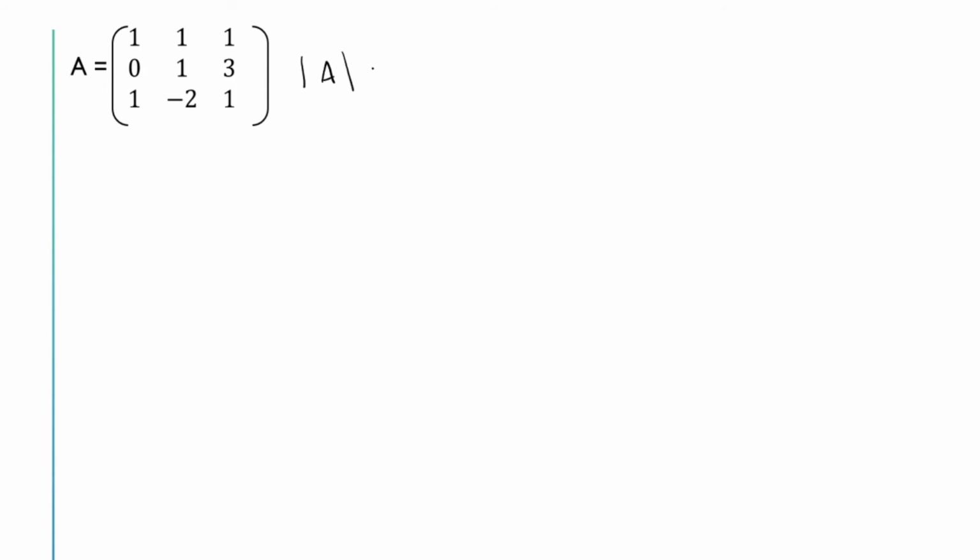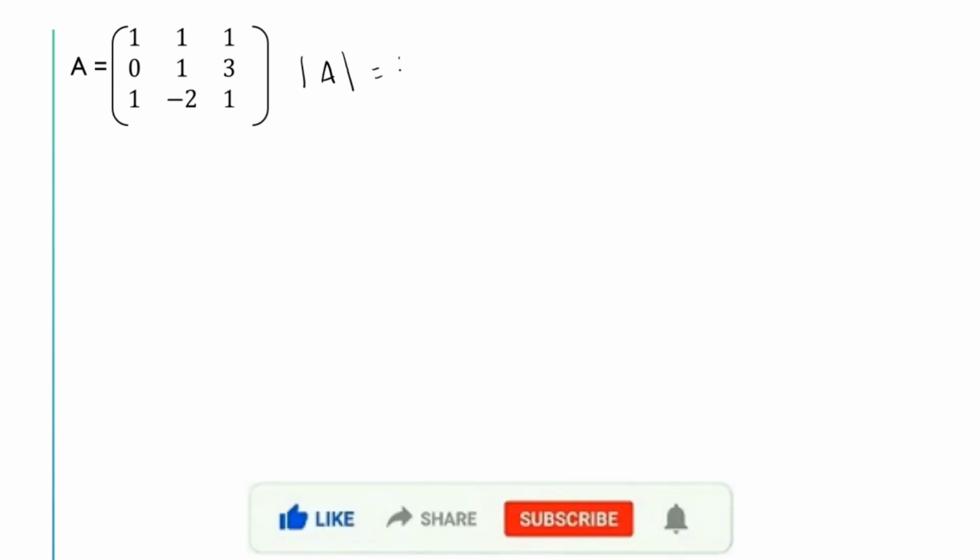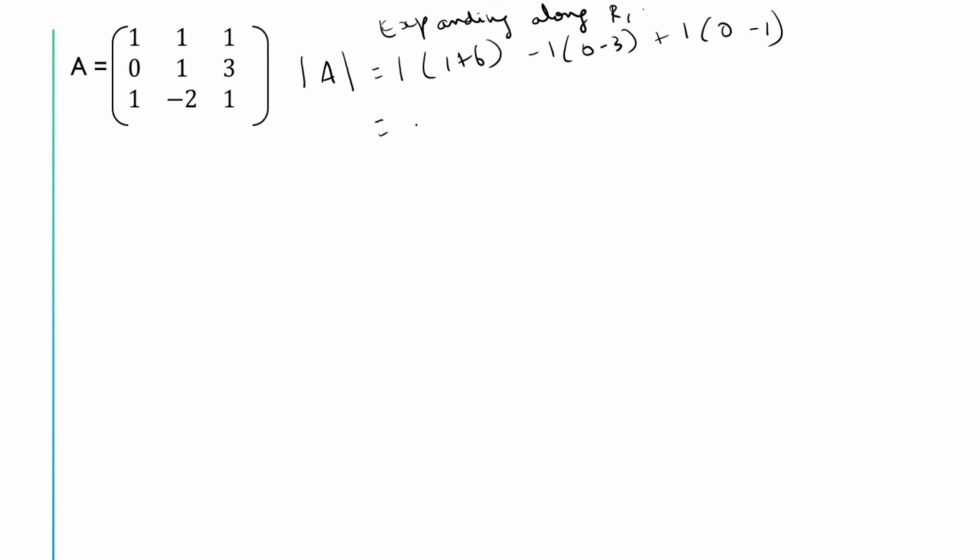So for that we have to find the determinant of A. Expanding along R1, 1 into (1 plus 6) minus 1 into (0 minus 3) plus 1 into (0 minus 1). So this is equal to 7 plus 3 minus 1, which is 9, not equal to 0. Therefore A inverse exists.